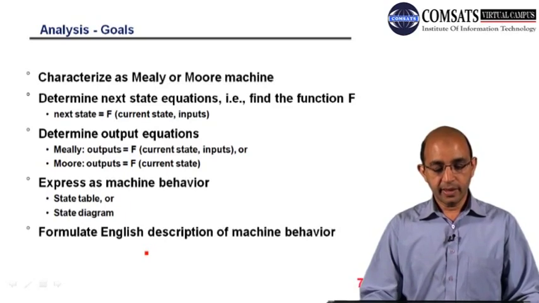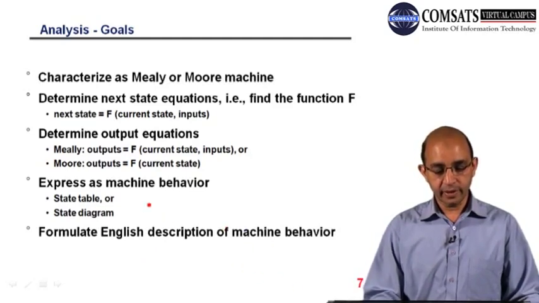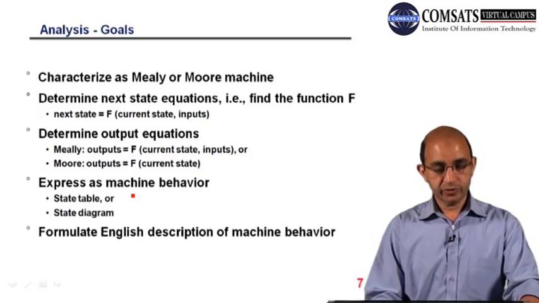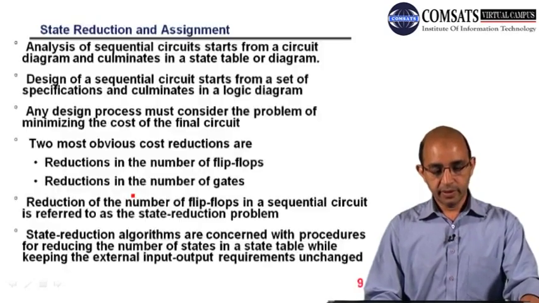Then we have to find the output equation, and again characterize it as either Mealy or Moore. We also need to mention the behavior, and for that we normally draw a state table or state diagram. You can show the behavior of the circuitry by using the state table or state diagram.